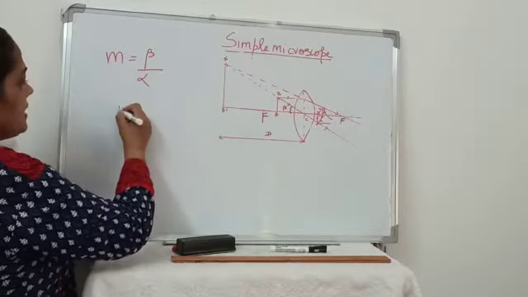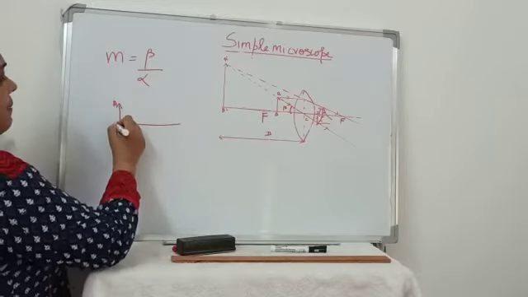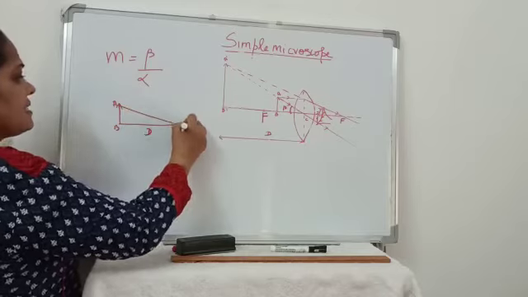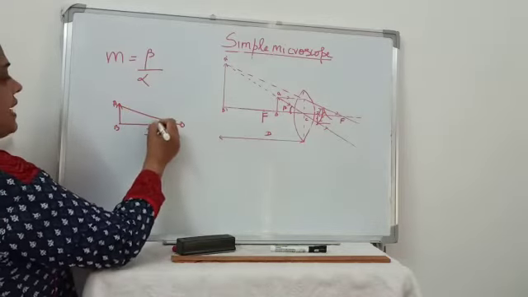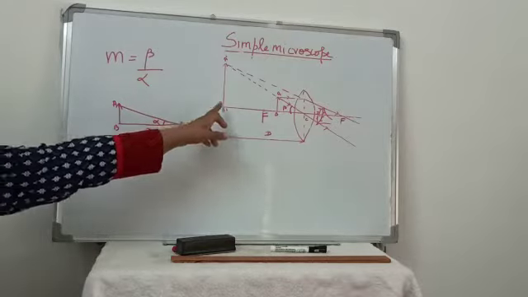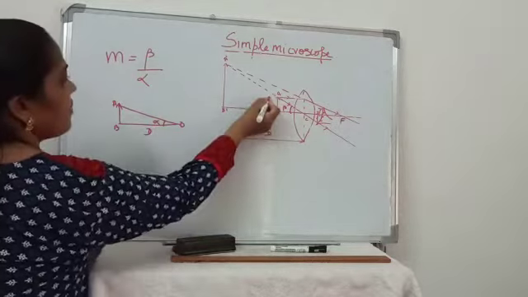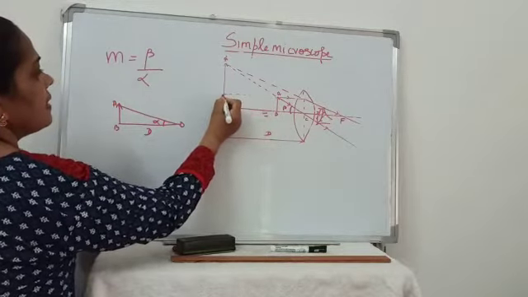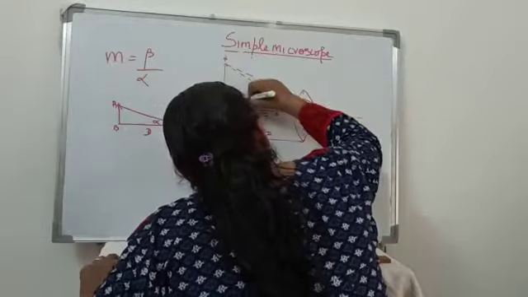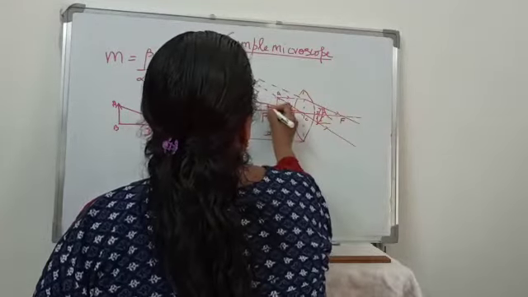So if you consider the object to be here, this is object AB, at the least distance of distinct vision, and this is the eye, or here it is the eye lens. The angle is alpha. If you want to draw this over here, you just extend it over here and draw an angle from here, and this angle is alpha.